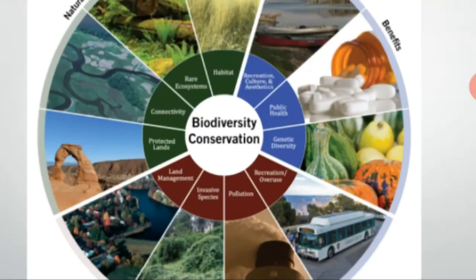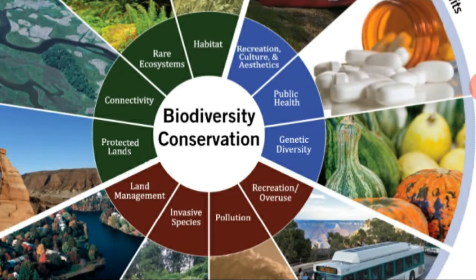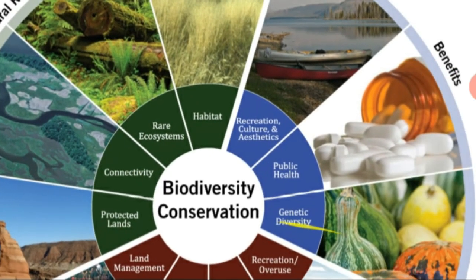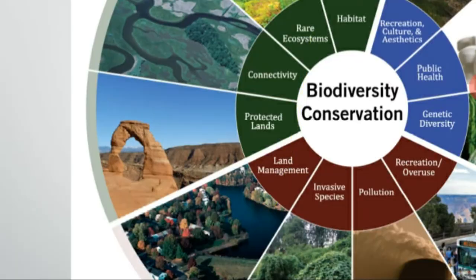There are many things people are doing to conserve biodiversity: protecting lands, managing pollution, trying to produce good organic food, saving habitats of living organisms and animals, and saving natural resources.